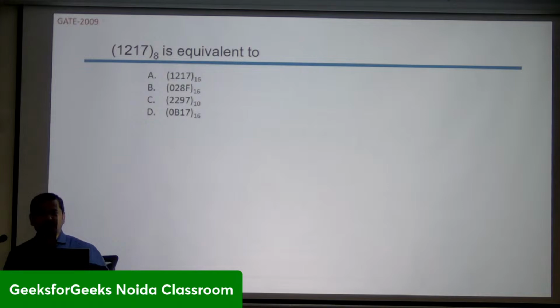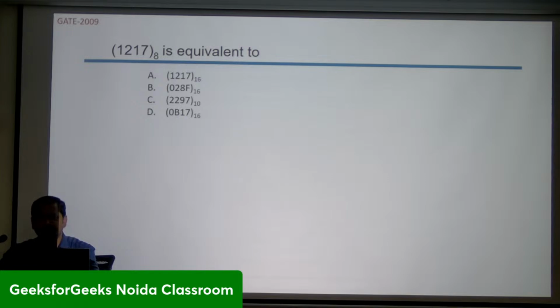Find the equivalent of this. GATE 2009. 1217 base 8 is equivalent to which one? Now, in this particular case, it is not known to me whether it is MCQ or MSQ.